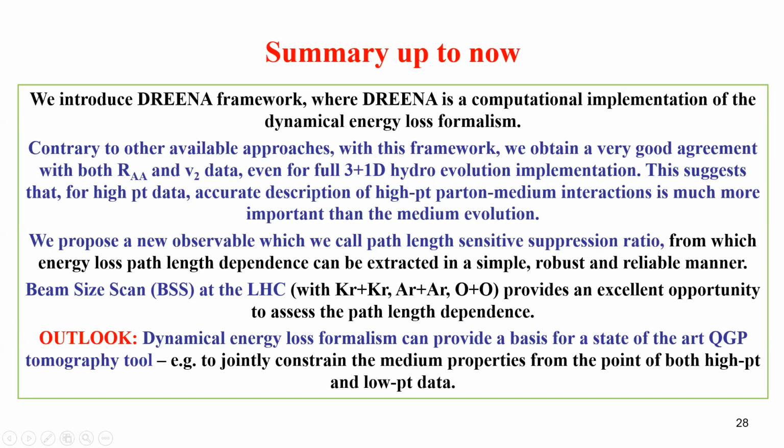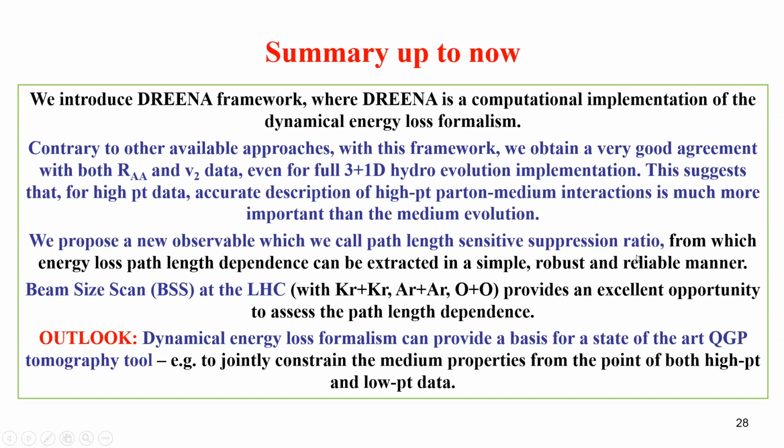Then, based on numerical calculations and simple analytical derivations, we propose a new observable, which we call the path length sensitive separation ratio. And we show that through this observable, the energy loss path length dependence can be extracted in a simple, robust, and reliable way.